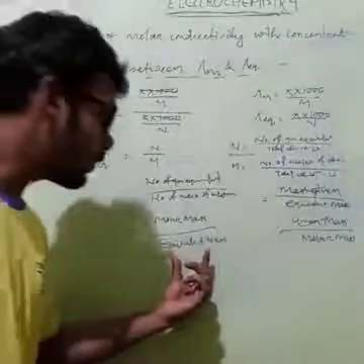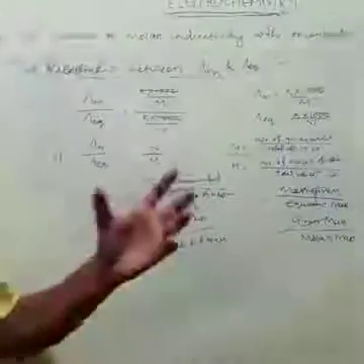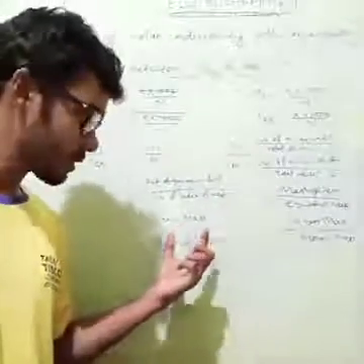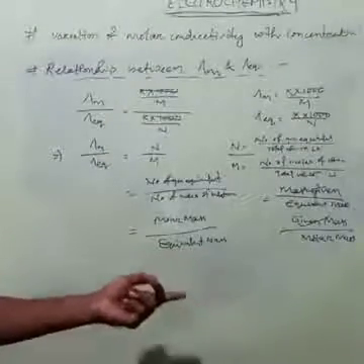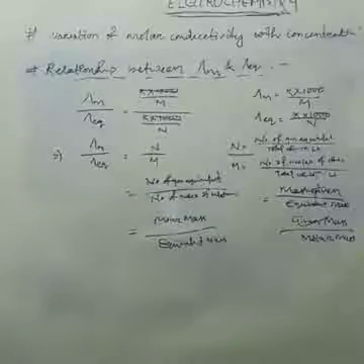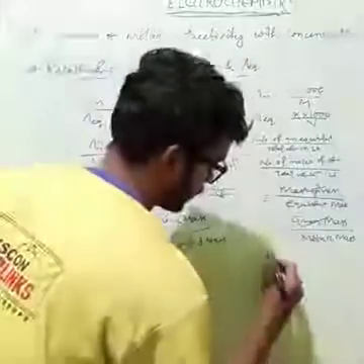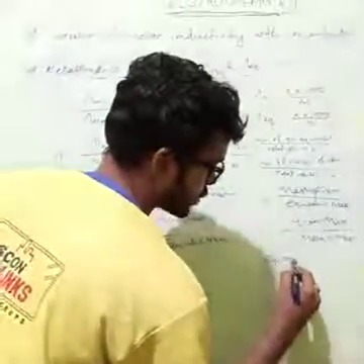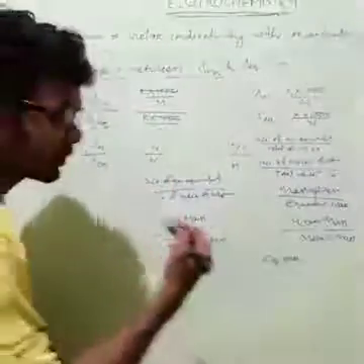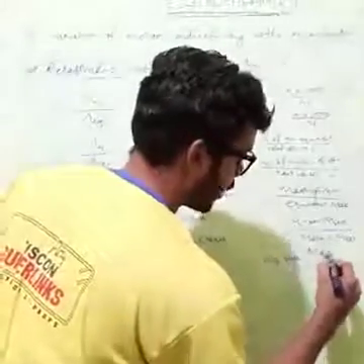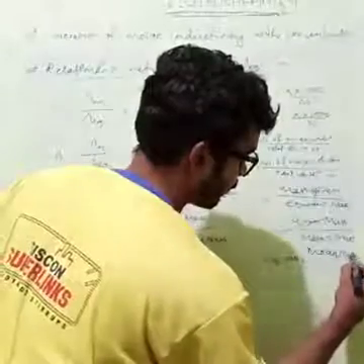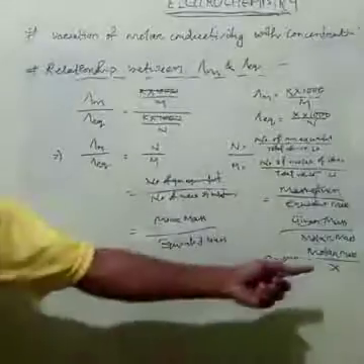So how will you calculate equivalent mass? Molar mass is given, from the formula we can easily calculate the molar mass, that is gram molecular mass. So equivalent mass, how will you calculate equivalent mass? There is a formula for equivalent mass. Equivalent mass equals molar mass by x. Is it visible?